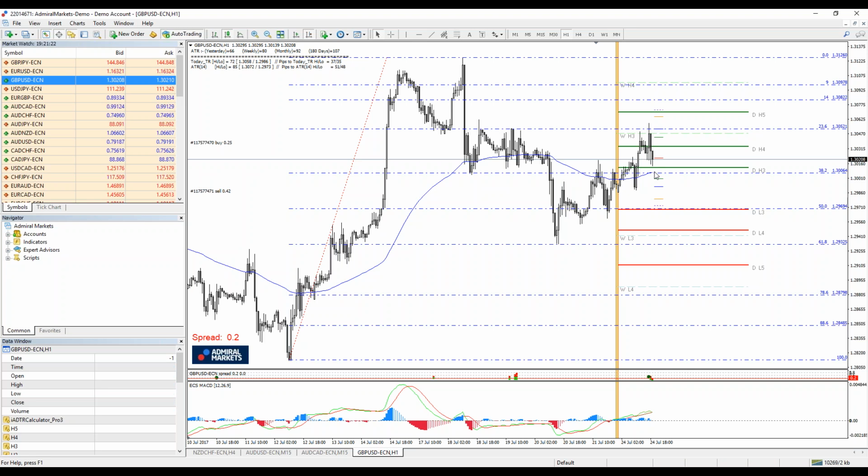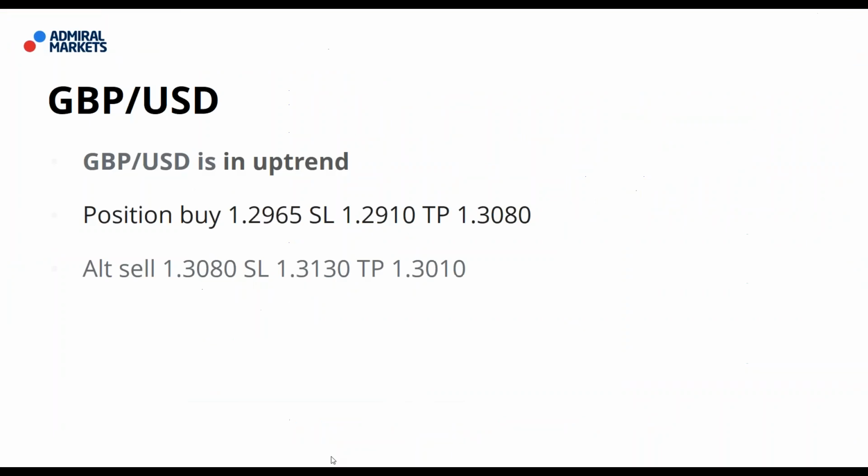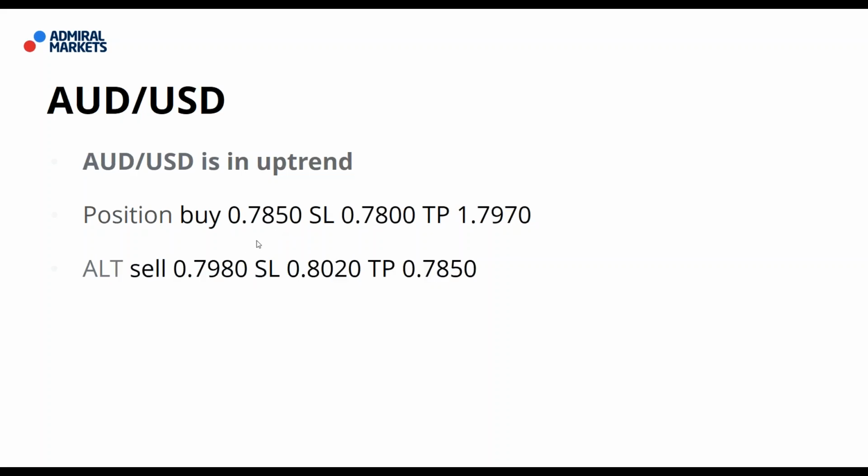So this is still uptrend, 29.65. So this is the POC zone, daily L4 low. Clear. We have a trend line here also. It can also go, guys, it can also go to 30.80, so we will sell it. So pound dollar is also a potential either buy or sell. I would go with a buy trade, but let's see, maybe we will also have a sell trade.